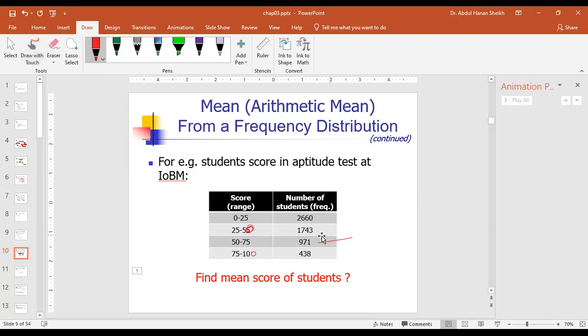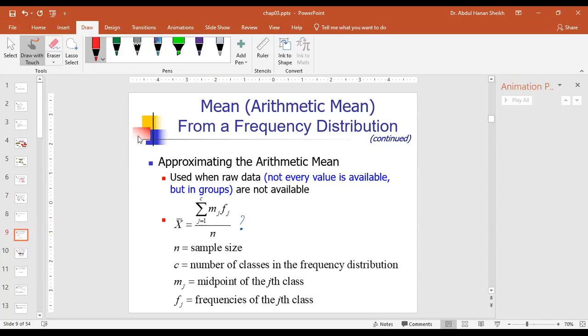Okay, so now this formula: this is the frequency, the number of students or persons in that class. This is the midpoint of that particular class. So M1 F1 plus M2 F2 plus M3 F3 plus M4 F4 divided by N. N is the total sample size.